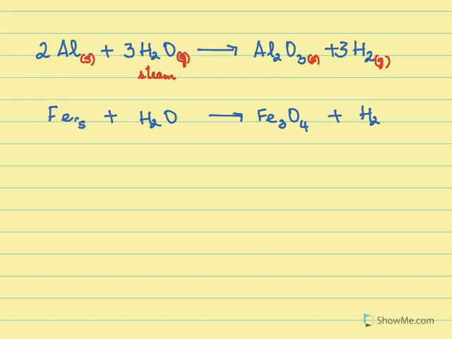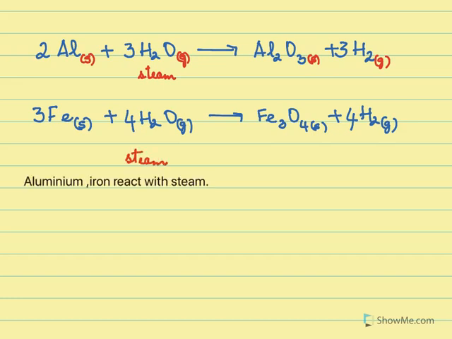And the states, this is solid, here this is gaseous, solid and gaseous, and on balancing it is almost the same, you have 4 here and 4. Again this is steam, remember. So iron reacts with steam.